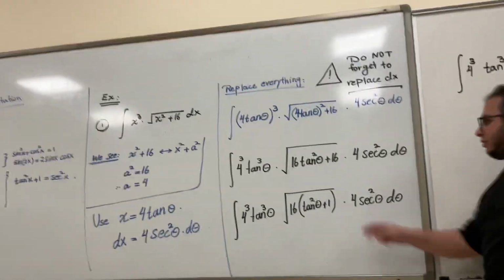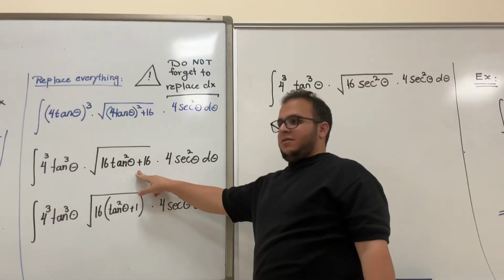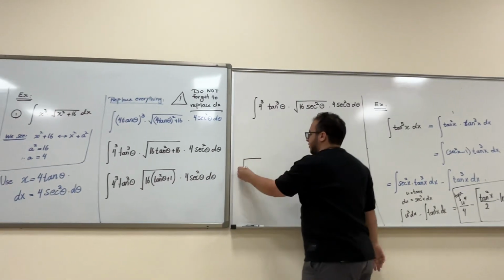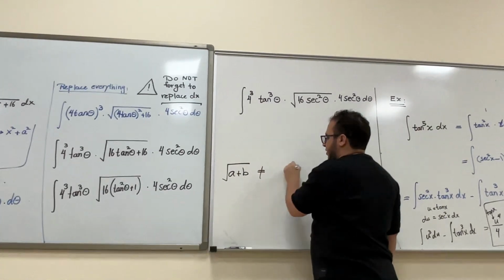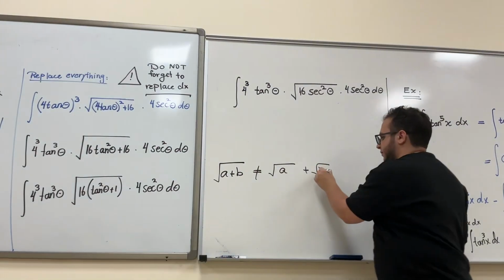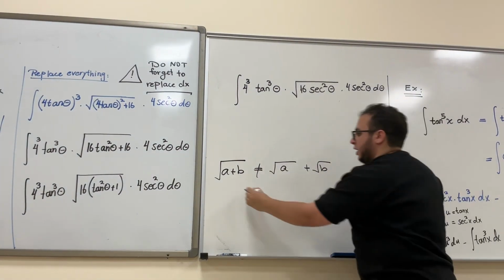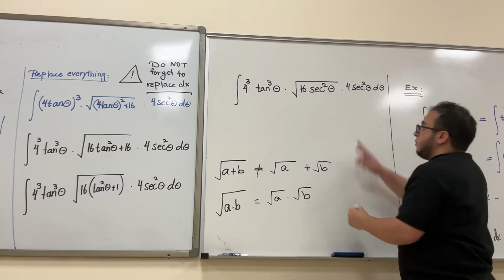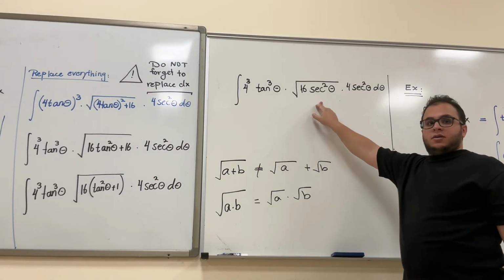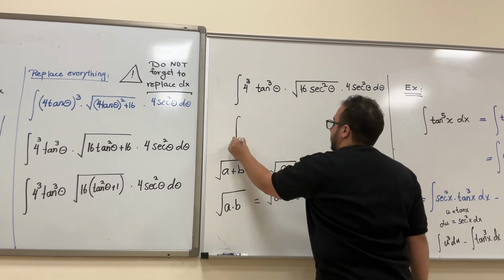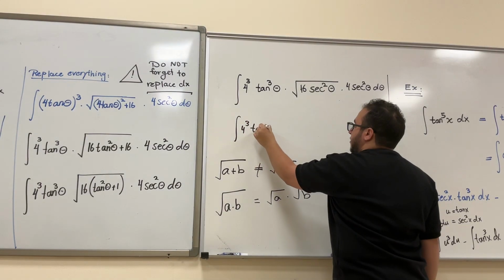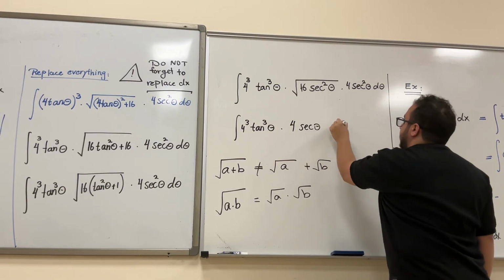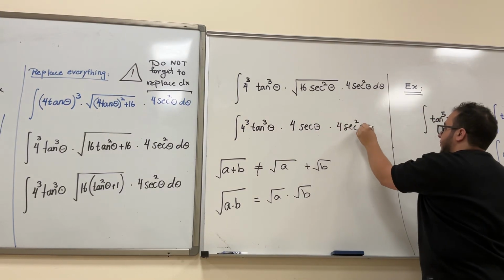You know you cannot apply square root on addition, right? Root a plus b is not the same as root a plus root b. But root a times b is root a times root b, and this is what we're doing. So 4 cubed tan cubed times 4 secant theta times 4 secant squared theta.